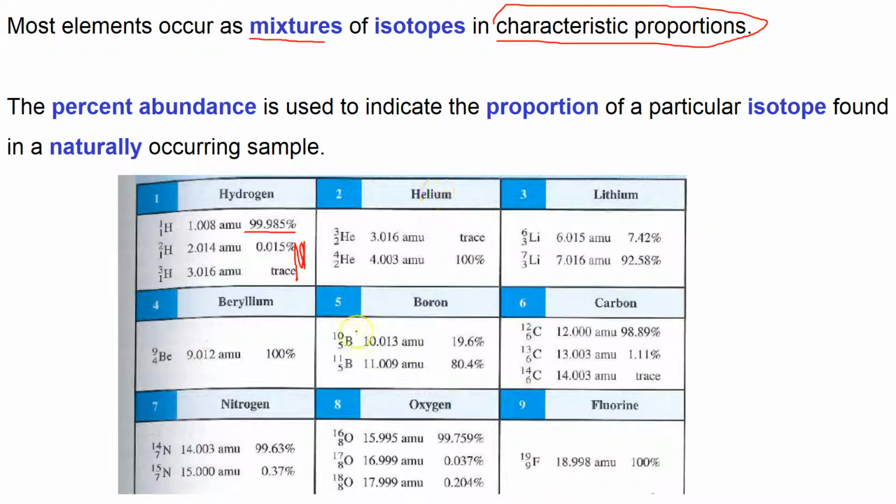If I look at something like boron, there are two isotopes, about 20% of a lighter one that has 10 particles in its nucleus, and about 80% of a heavier one that has 11 particles in its nucleus. A few elements exist exclusively as only one isotope, and some have two or three. Some are closer to a 50-50 mix of two isotopes. Lithium exists as a 93.7% mixture of two isotopes, so it's kind of all over the place.